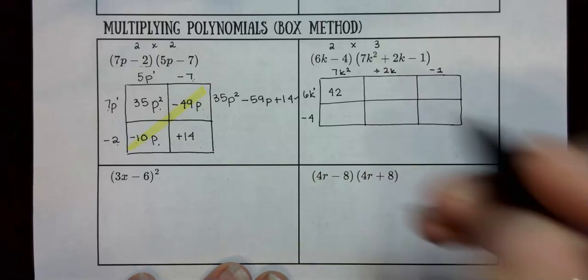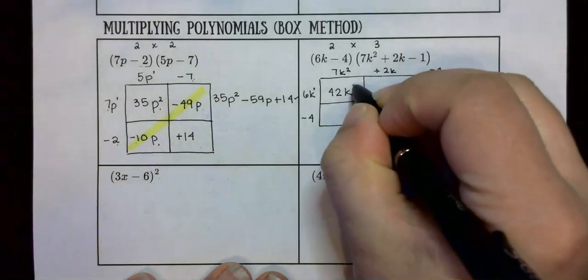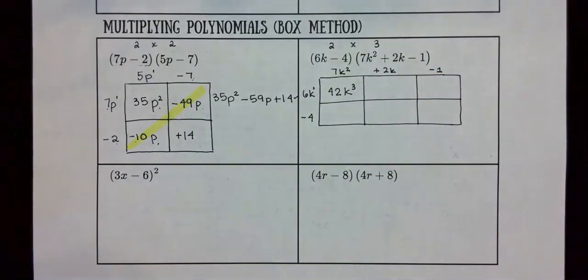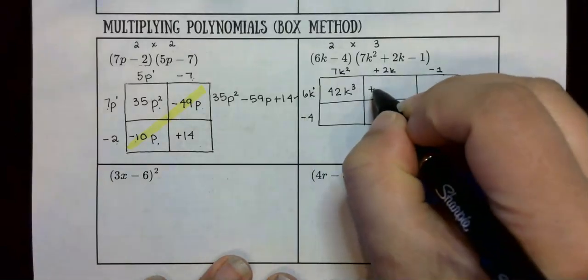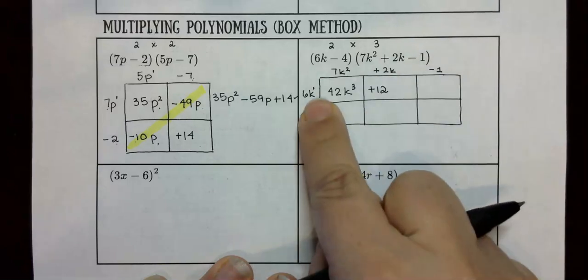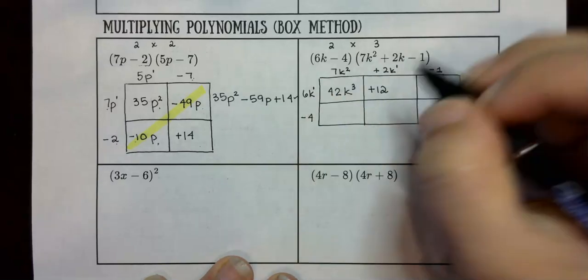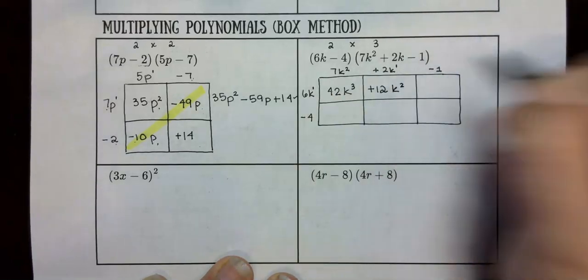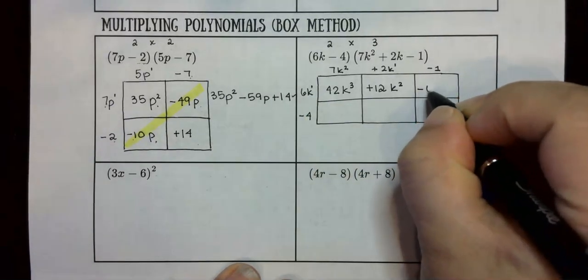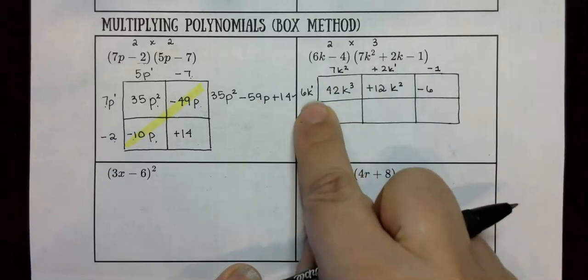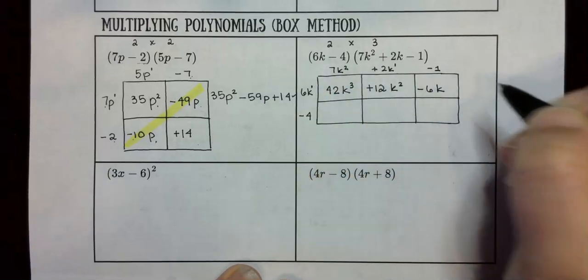So if I multiply the k's, I actually have 3 in total, so we're adding the exponents. All right, 6 times 2 is 12, a positive 12. 1k here, 1k here, so together they became 2. 6 times negative 1 is negative 6. This one doesn't have a k, but this one does, so they have 1 together.